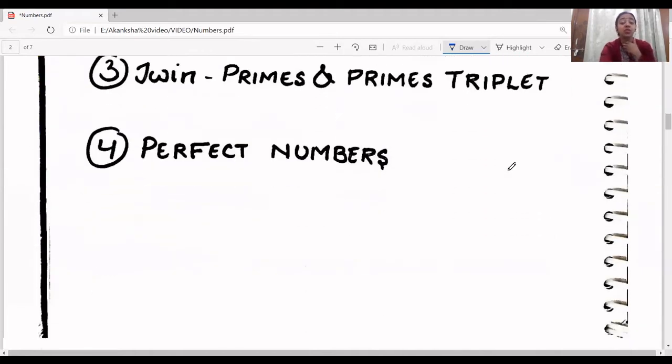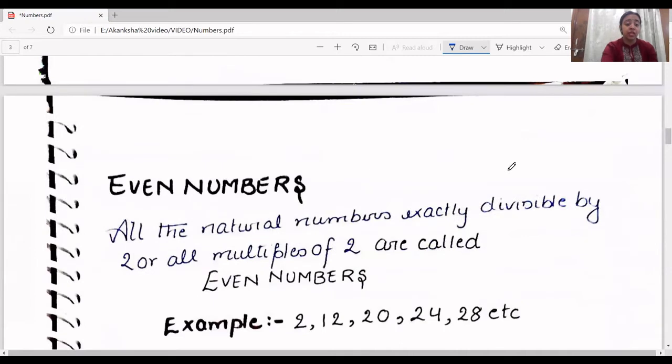Let's come to even and odd numbers. Now, even numbers are those numbers that are divisible by 2. Or you can say all multiples of 2 are even numbers. So multiples of 2 are 2, 12, 8, 6, right? So all these are what? All these are multiples of 2.